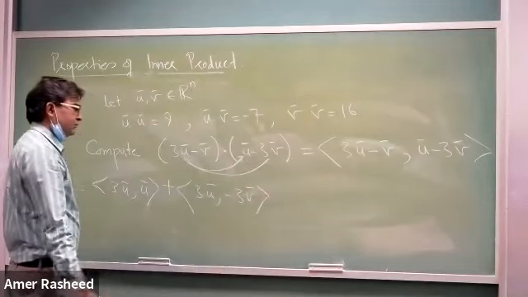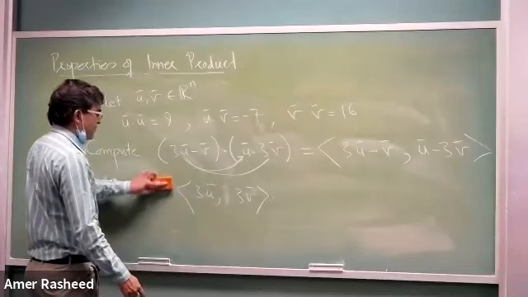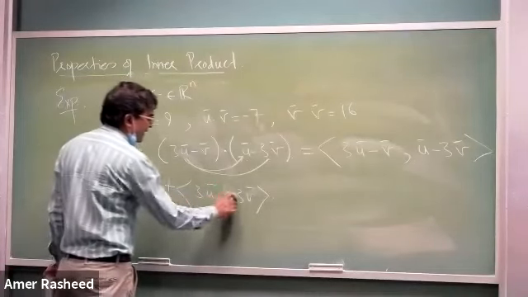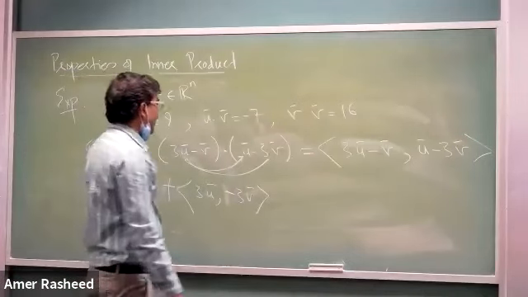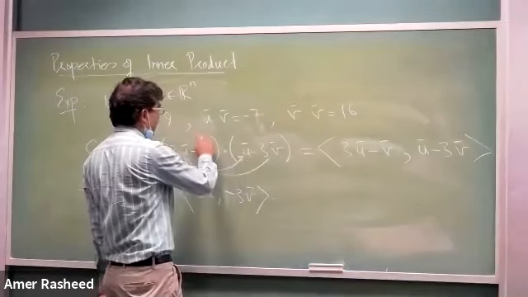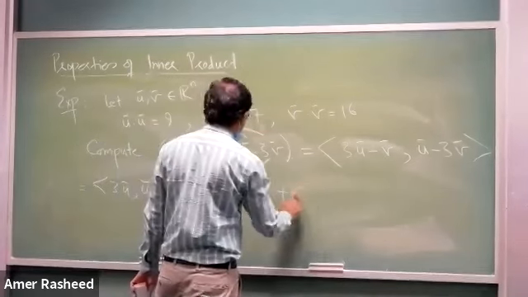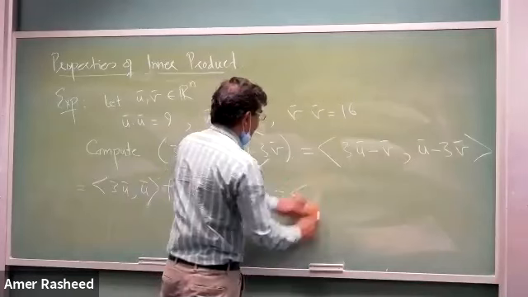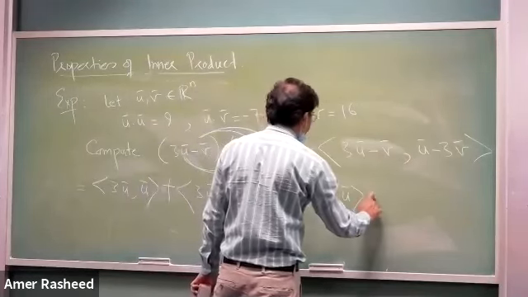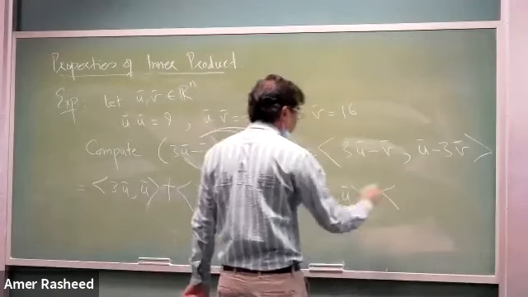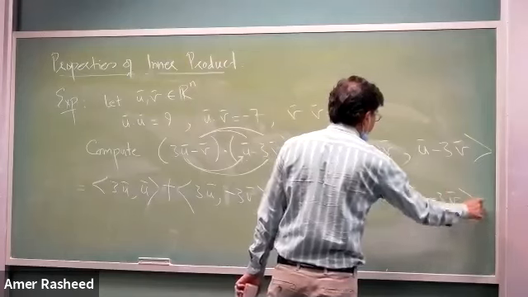Or you can directly write the negative here, but we'll write it later since we take the scalar out. And now the second term with the first and the second term with the second. So plus the inner product of v with u, and then plus the negative inner product of v with -3v.